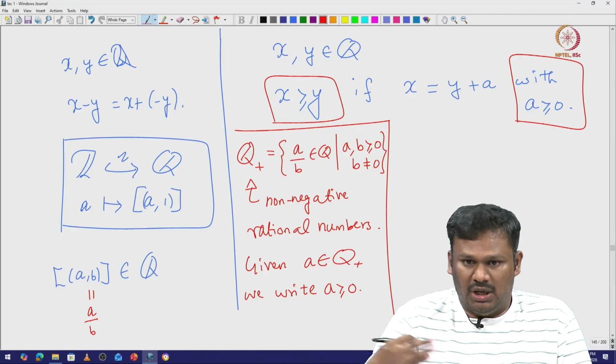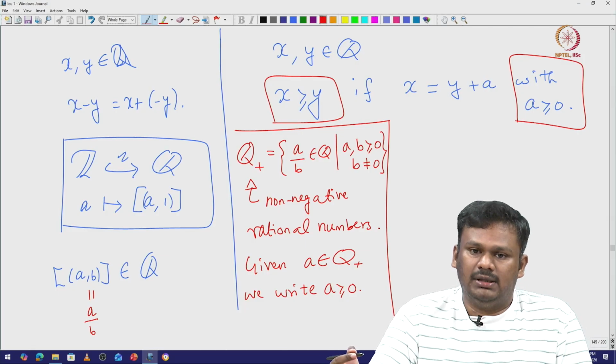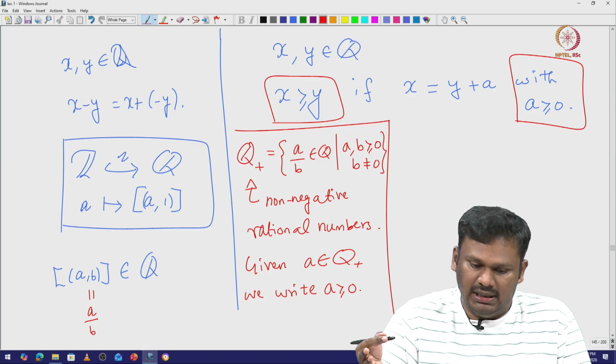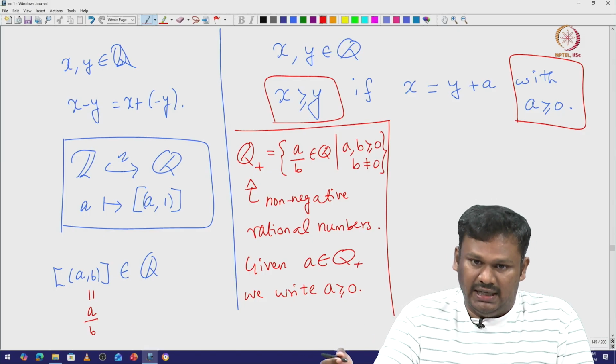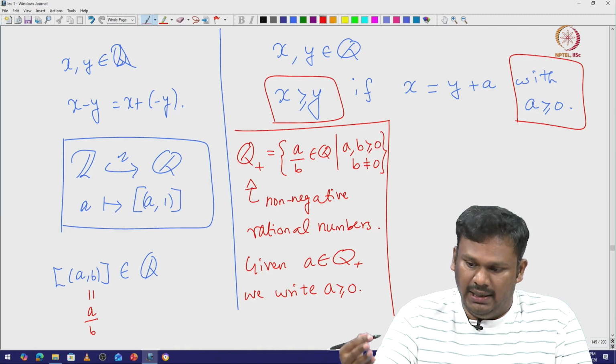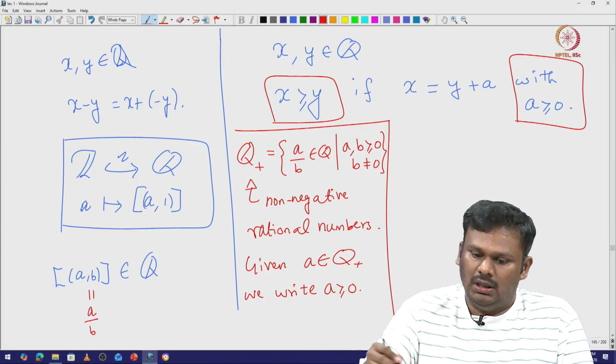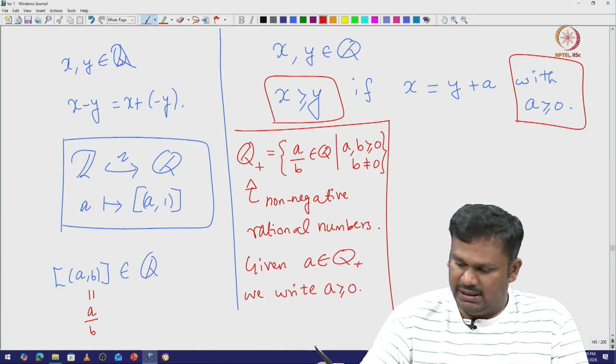For example, it is a partial order, whenever you multiply by a negative the order gets reversed, it preserves addition, and it preserves multiplication if you multiply by non-negative rational numbers, and so on. All those basic properties are again satisfied here.